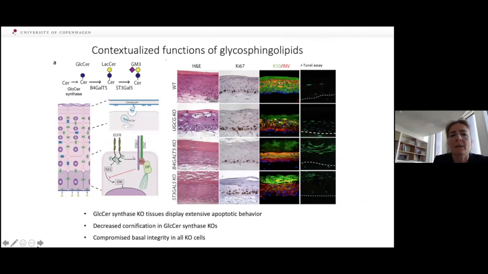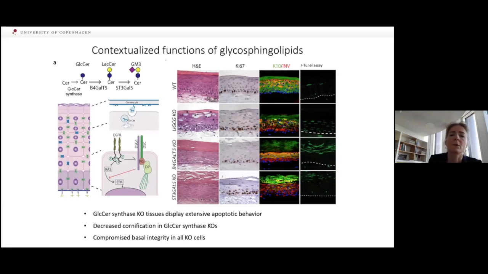Looking at the glycosphingolipids, they are involved in the formation of stratum corneum and also controlling tyrosine kinases. It's been widely studied in mouse studies, where most of the knockout mice have been focusing on the initial enzyme, the glucosylceramide synthase, which puts the first glucose on a ceramide.